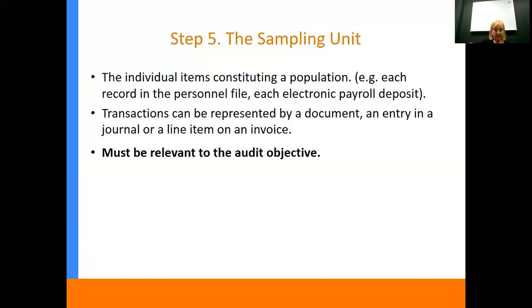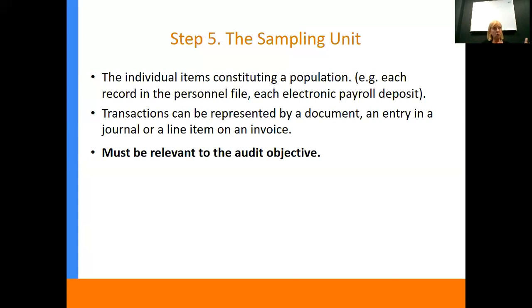And I would have to take a sample of items in the inventory register and go and have a look to see if the item exists. If I want to check for completeness, I would start with a sample of physical inventory items and see if they are included in the register.